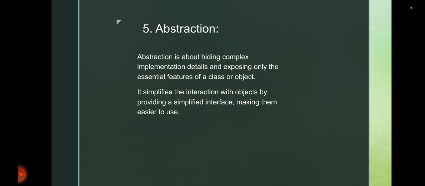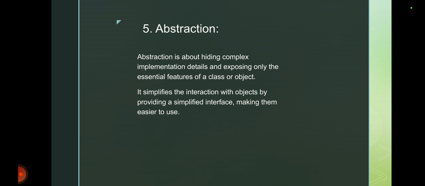So next is abstraction. Abstraction is about hiding complex implementation details and exposing only the essential features of a class or object. It simplifies interaction with objects by providing a simplified interface, making them easier to use.